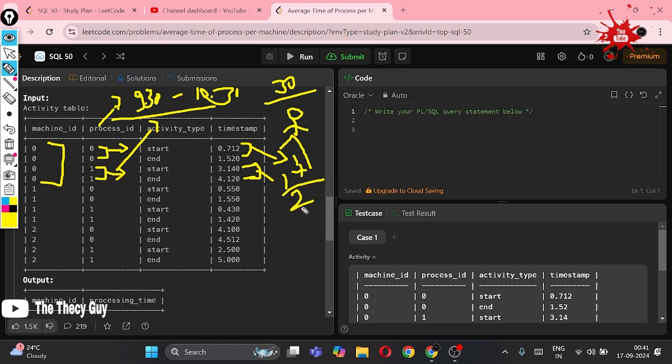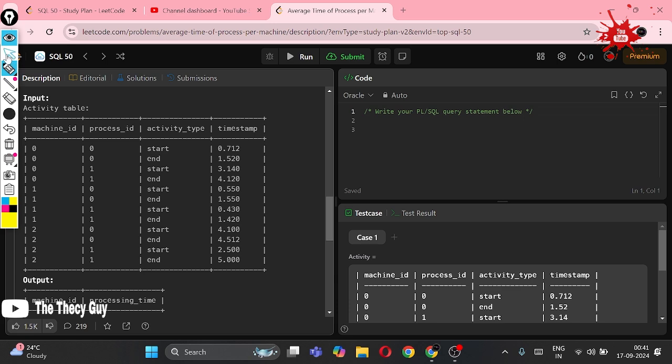Two, so there will be one answer here. This is what we need to find for a particular machine. For a particular mom, we just need to find the average time per process. So this is the second, this is the third, and these children are nothing but processes.